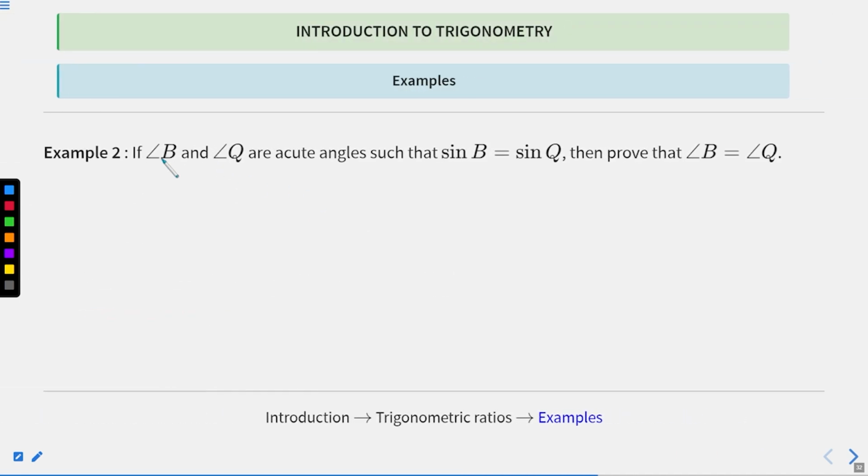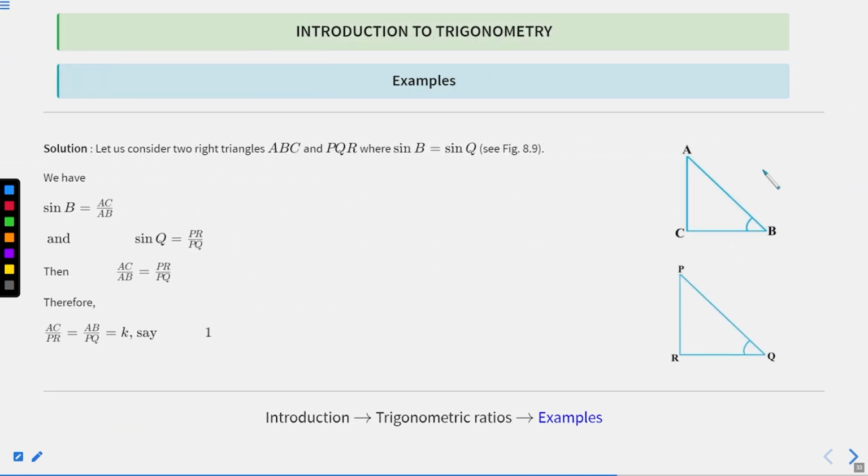In the next example, if angle B and angle Q are acute angles such that sin B is equal to sin Q, then prove that angle B is equal to angle Q. Let us prove it.